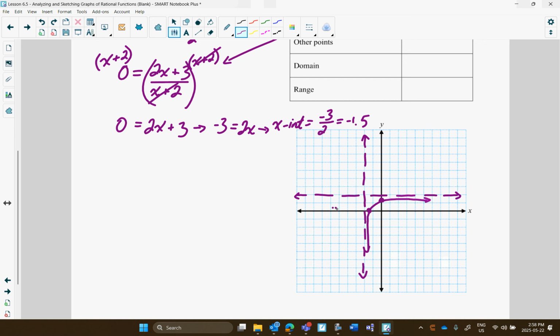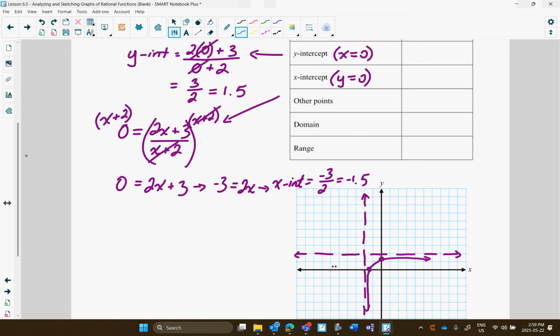Well, just go one to the left of this asymptote. So this is negative 2. Let's see what happens when x is negative 3. That's another point. And sorry, y-intercept is 1.5. This is negative 1.